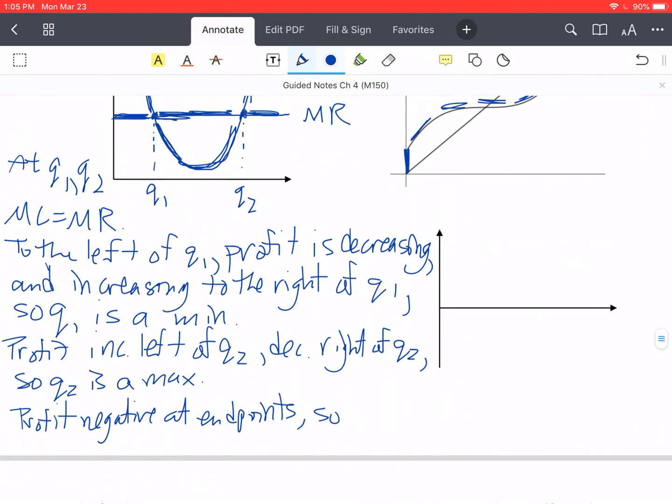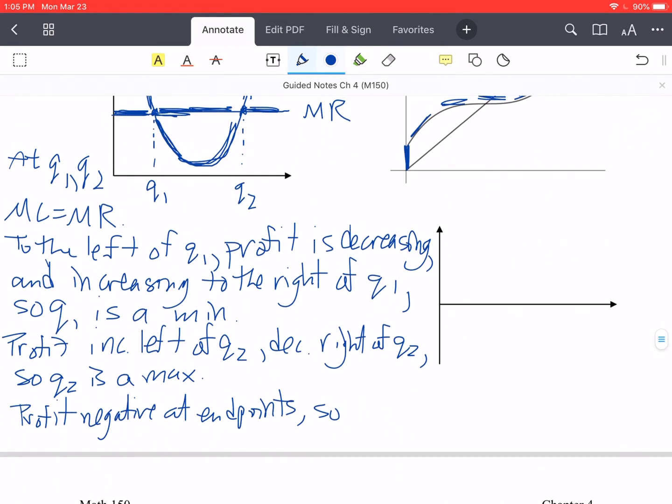So maximum profit must occur at Q2. So we have maximum profit occurring at Q2.